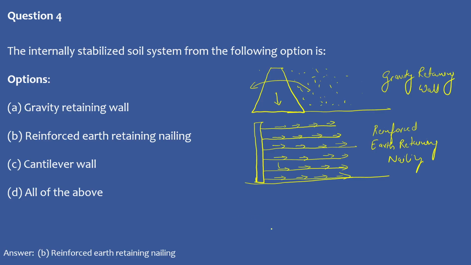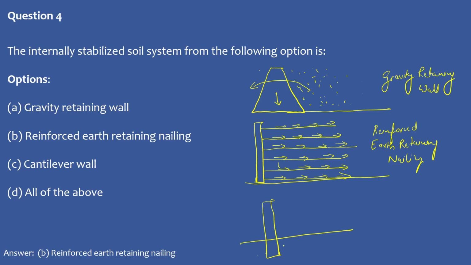Then next you have the cantilever wall. The cantilever wall also has a regular geometry, but it is anchored into a soil medium which has high density, or very high required resistance.